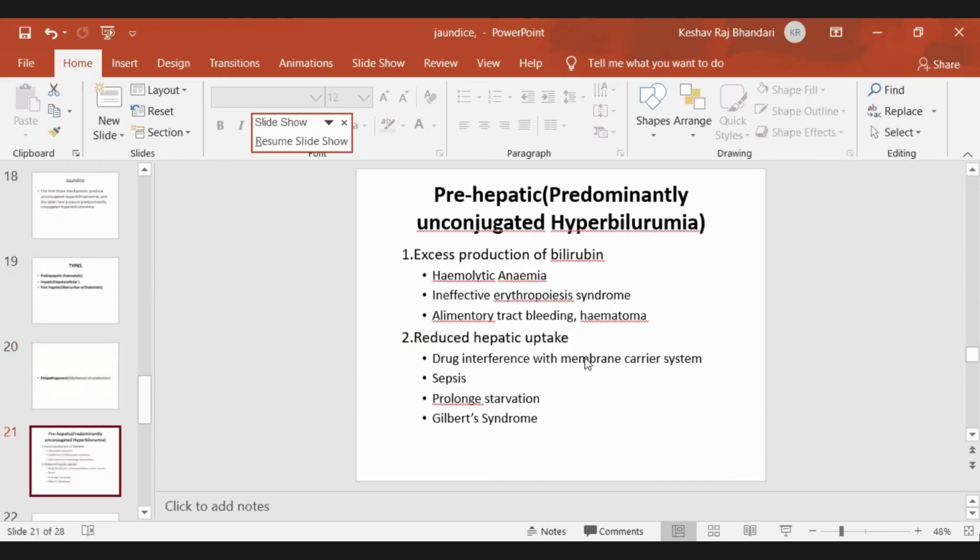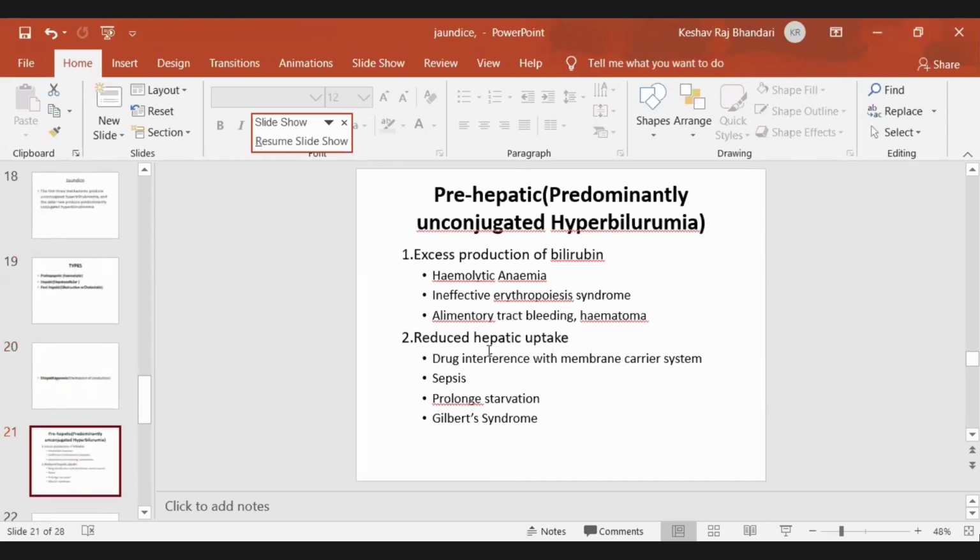Regarding etiopathogenesis and mechanism of production, I told you, predominantly unconjugated is pre-hepatic hyperbilirubinemia. There are 3 causes: increased production of bilirubin because of increased destruction of RBC. Second is reduced hepatic uptake of bilirubin. So whatever bilirubin is formed in the reticuloendothelial system is not processed in the liver, so it remains in the blood.